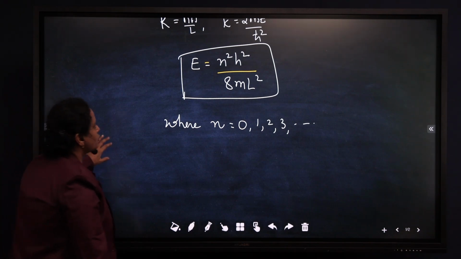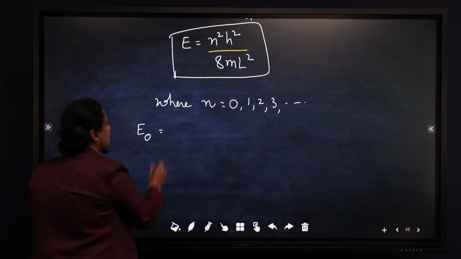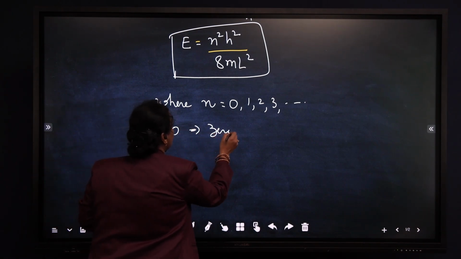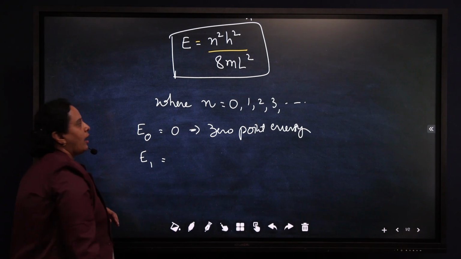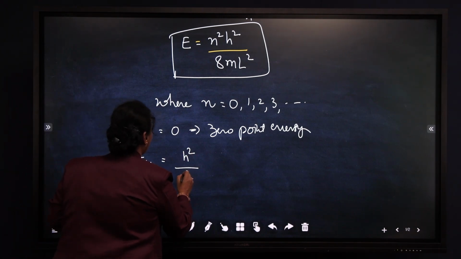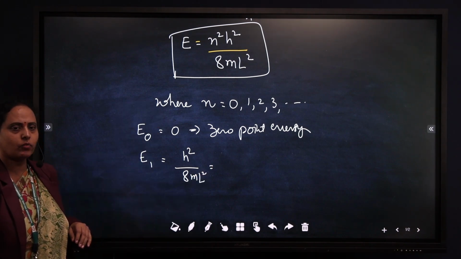With the substitution of these values, E naught is 0, this is known as zero point energy, and E1 is given by h square by 8 ml square.